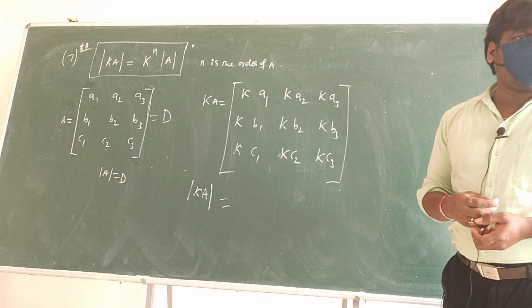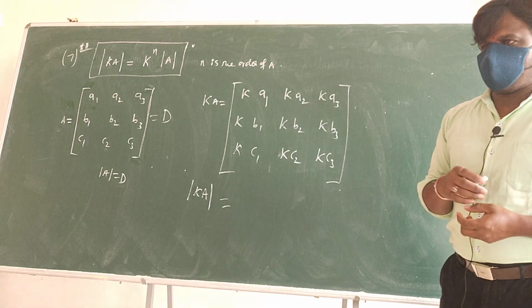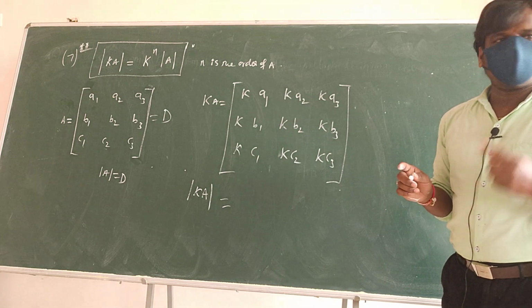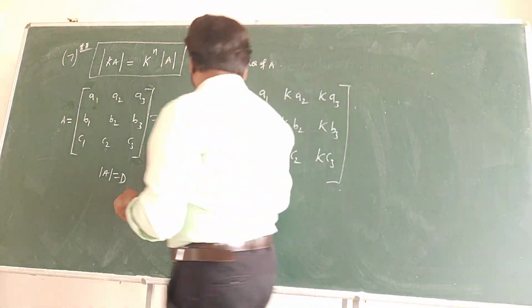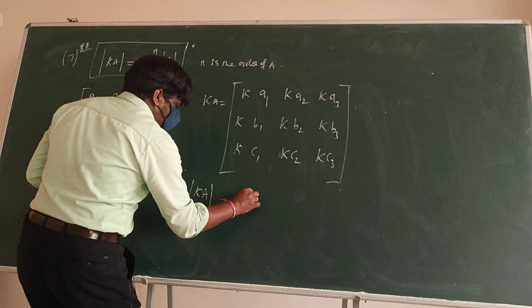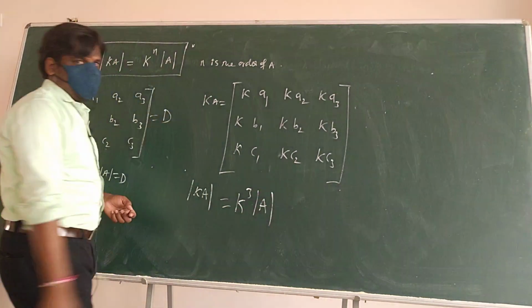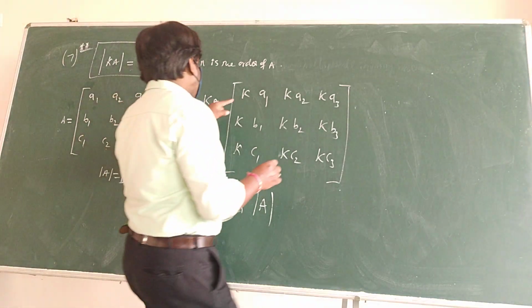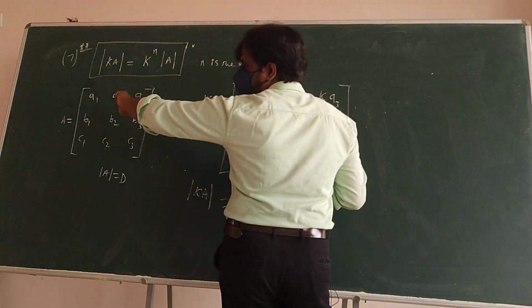K power n into determinant of A. N means what here? 3, right? You get K cube determinant of A. Why? Because you can take K common from the first row.